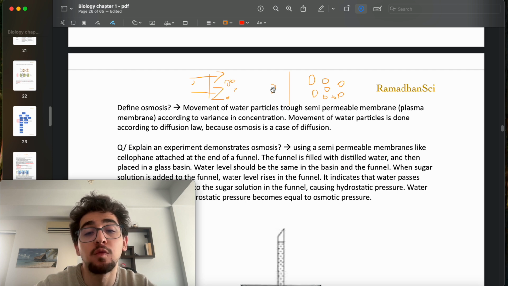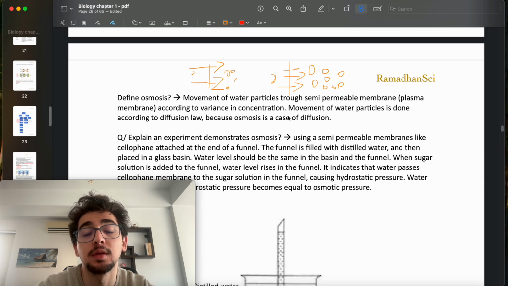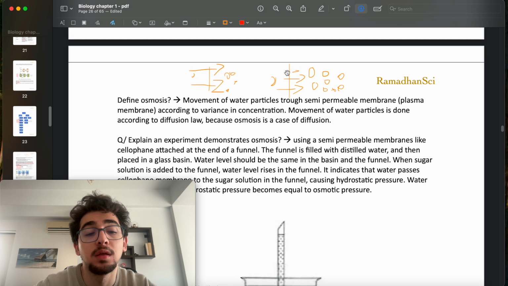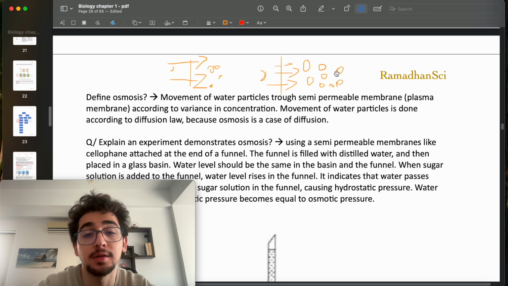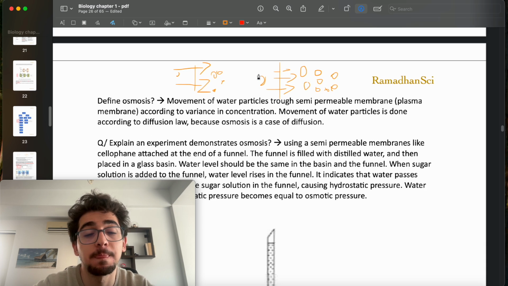The movement of water will typically be this way. So water will move from the area of high concentration of water to the area of low concentration of water. But the solutes here will be higher than the solutes on this side.